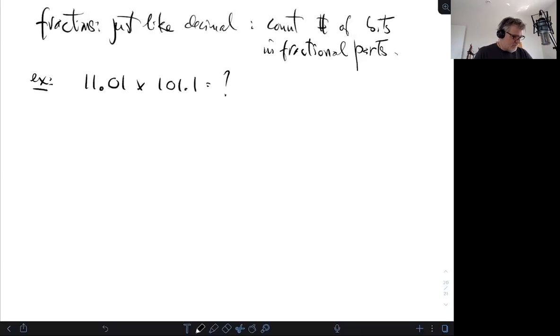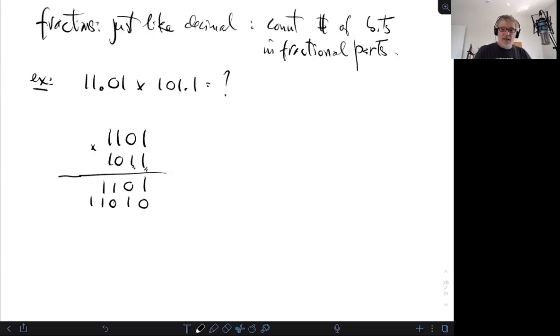So 1101 times 1011. I'm going to multiply these. Okay, so how does this work again? Start here, 1011. Move to the next, 1011. Difference from the decimal, I add now. I keep a running total. So 1, 1, 1, 0 carry of 1, 0 carry of 1.